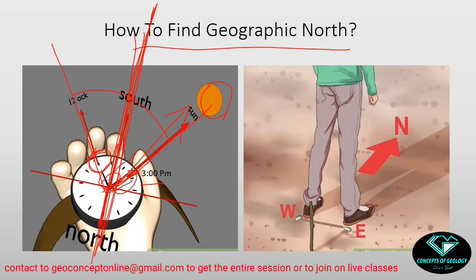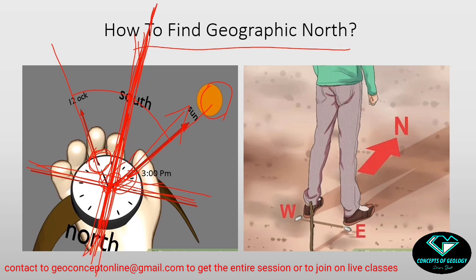Okay, this line will be the north-south line, but which end will be north and which end will be south, I have not told that. Okay, if this line is the north-south line, then which will be the east-west line? The east-west line will be perpendicular to the north-south line.